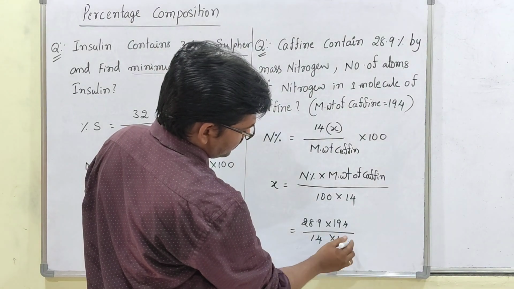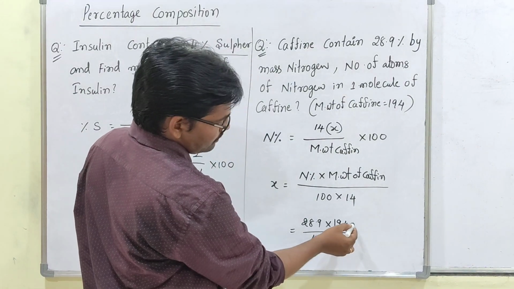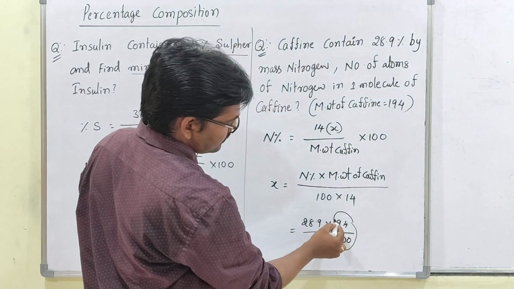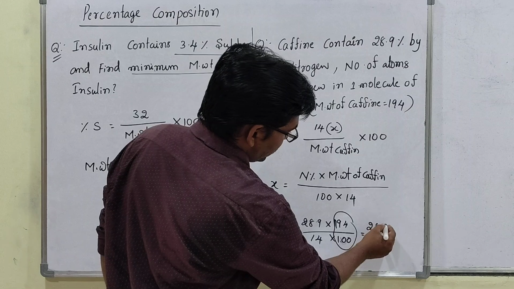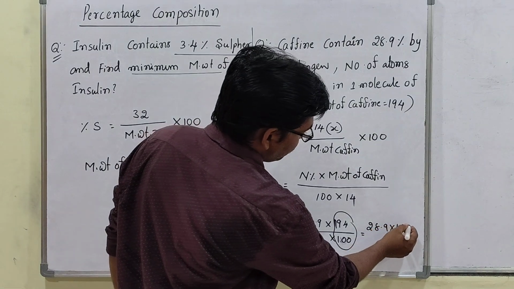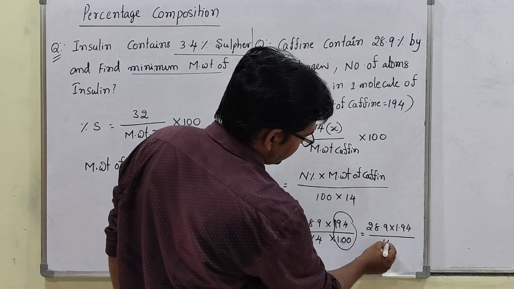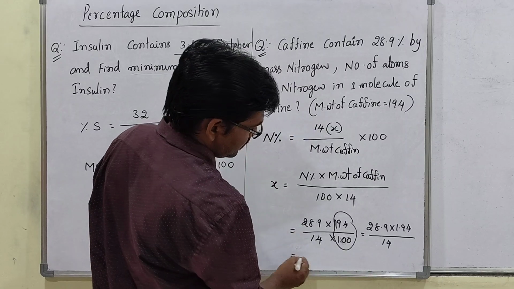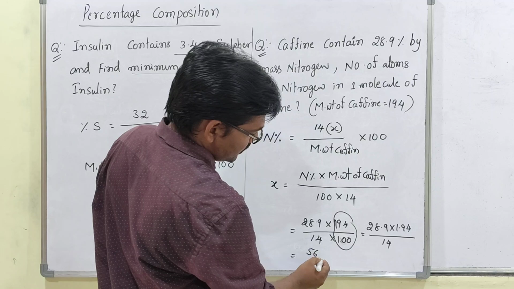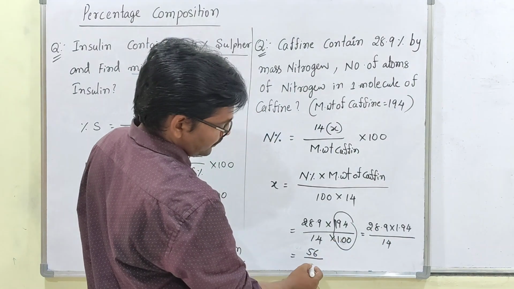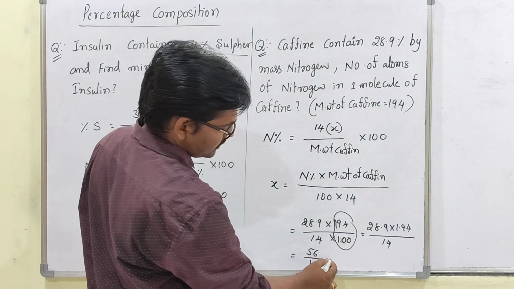So 28.9 into 1.94 divided by 14. When you multiply, you get approximately 56, and 56 divided by 14 is 4.